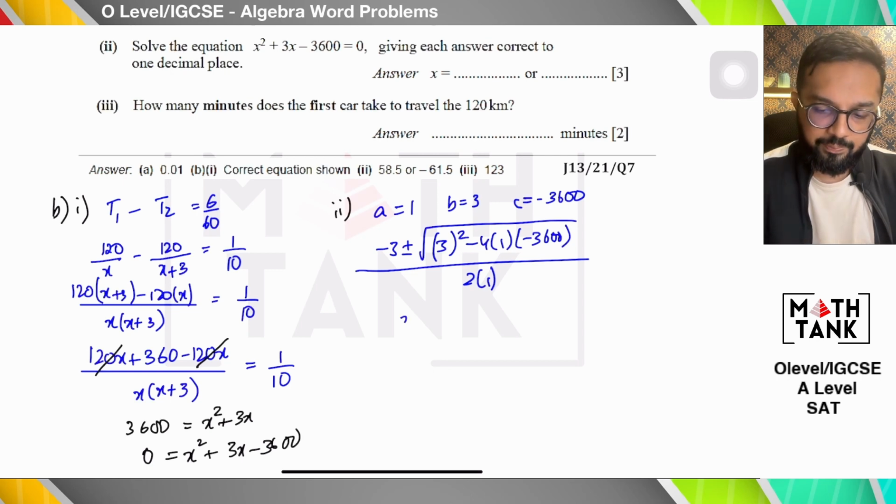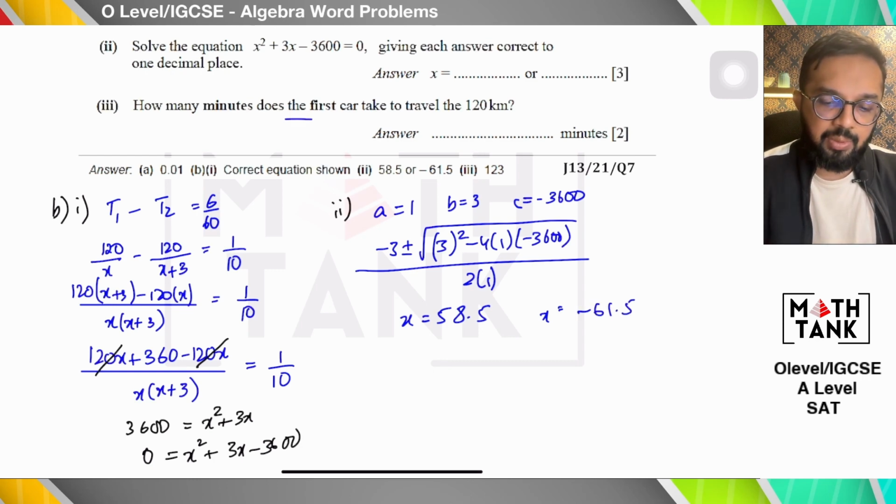I'm getting 58.5, okay, one decimal place, and minus 61.5.